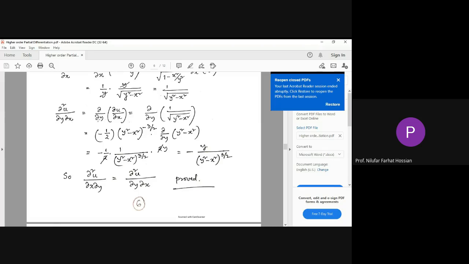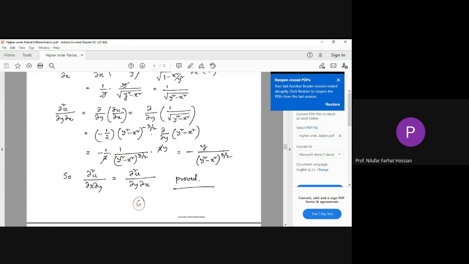Now you have to perform the differentiation of this first order with respect to y. So it will be del y of del u by del x. Del y of this whole thing. So here you have to consider this y square minus x square as single y, because this is a partial derivative with respect to y. So del y of 1 by root over y, that means y to the power minus half. So it will be minus half into y to the power minus half minus 1, so minus 3 by 2.